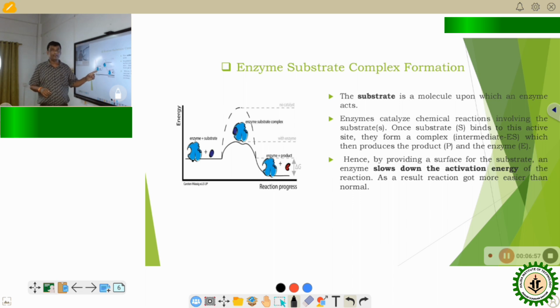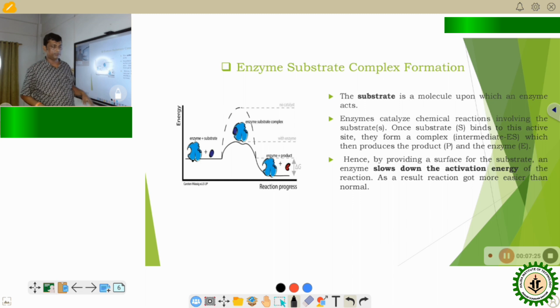But here the substrate must be converted into product, meaning the substrate takes part in the reaction. So to convert this non-reactive component into a reactive one, we have to increase its internal energy. Once its internal energy increases, the requirement of activation energy, meaning the height of the energy barrier, decreases.